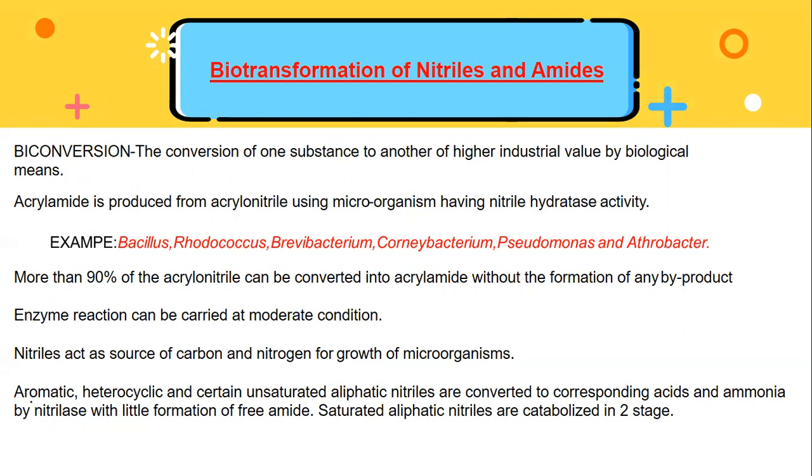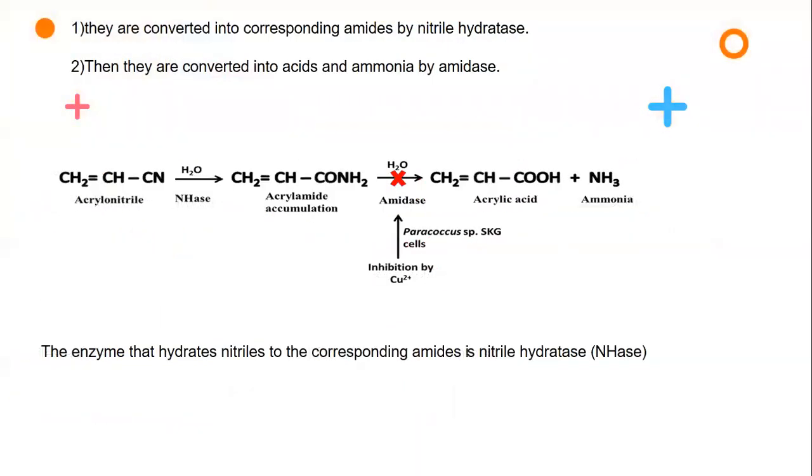Saturated aliphatic nitriles are catabolized in a second stage. In the first step, they are converted into corresponding amides by nitrile hydratase, which are further converted into acids and ammonia by amidase.